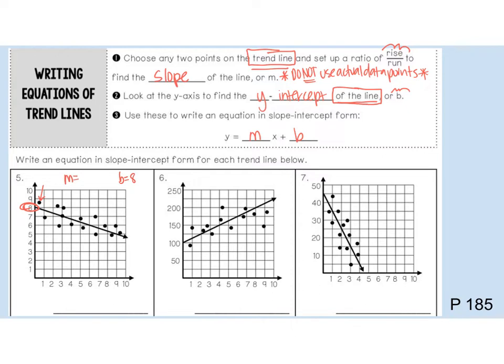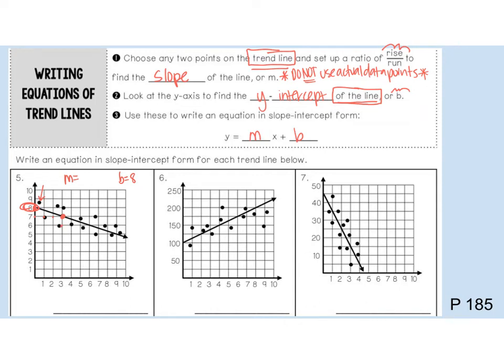Now I need to find my slope. I'm not picking 2 data points. I'm picking 2 points on the line. So I could pick 8. And then it looks like I drop 1 and run 1, 2, 3. Now this one happens to follow a data point, but it doesn't have to work that way. I can watch again.